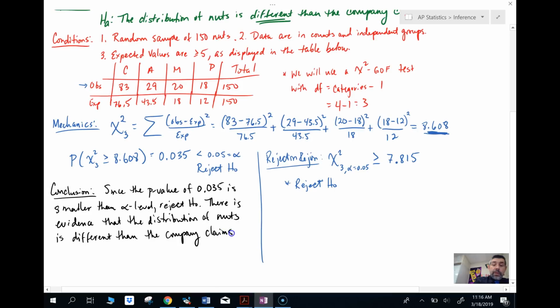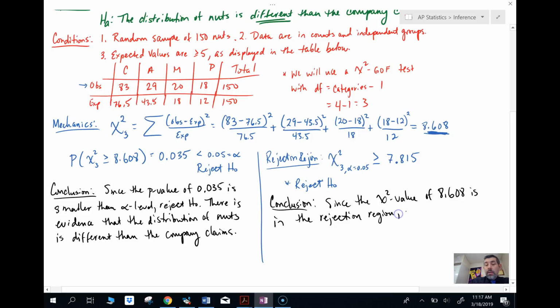All right. If we use the rejection region, this is what your conclusion looks like. Since the chi-squared value of 8.608 is in the rejection region, we will reject the null.